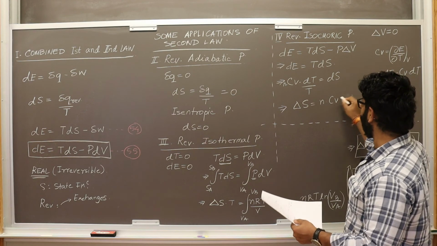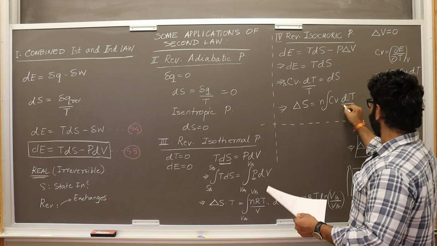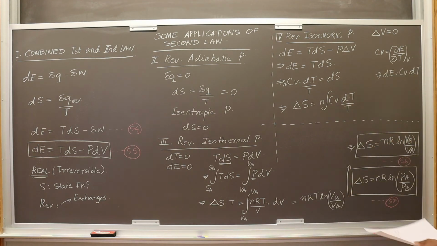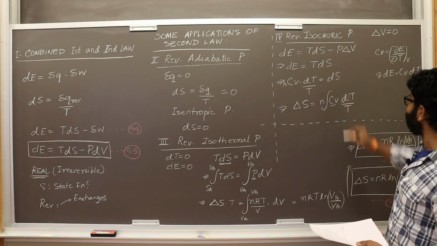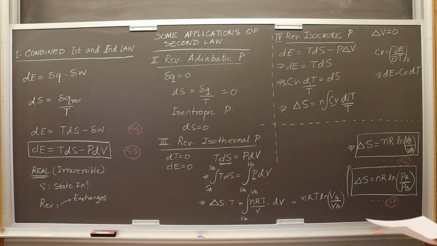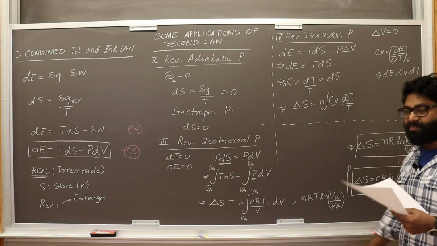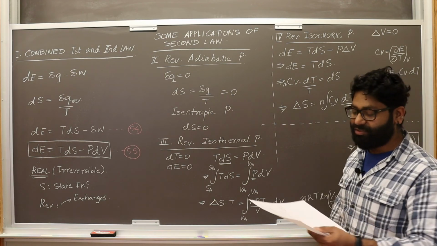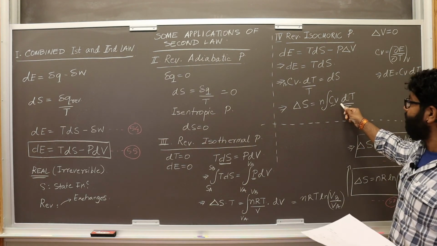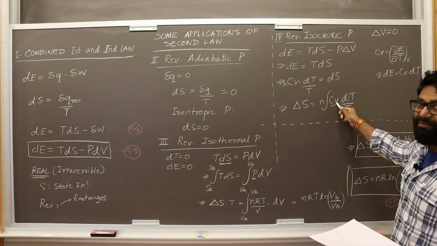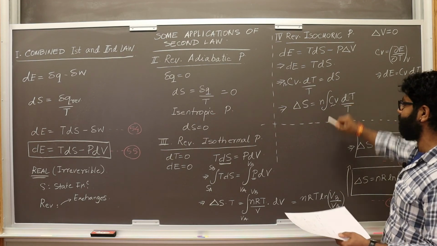Now, I am not going any further from this because now you know that CV can be defined as a function of temperature. CV can be expressed as a polynomial function of T. In that case, you'll have to substitute the polynomial of CV in terms of T, and then calculate this whole integral.